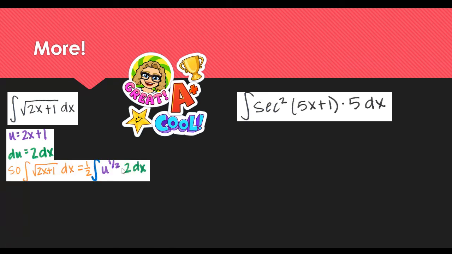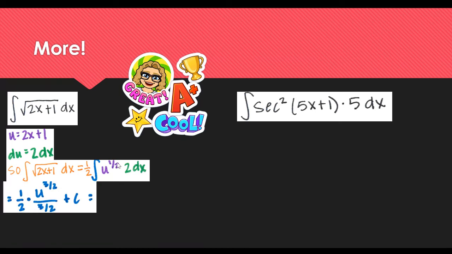So in order to put a 2 inside, I have to put a 1/2 outside because 1/2 times 2 is 1, and it keeps it the same. So I can say, okay, there's a 1/2 hanging out outside to cancel out that 2 that I need inside. So now I can say, okay, that 2 dx is just my du now.